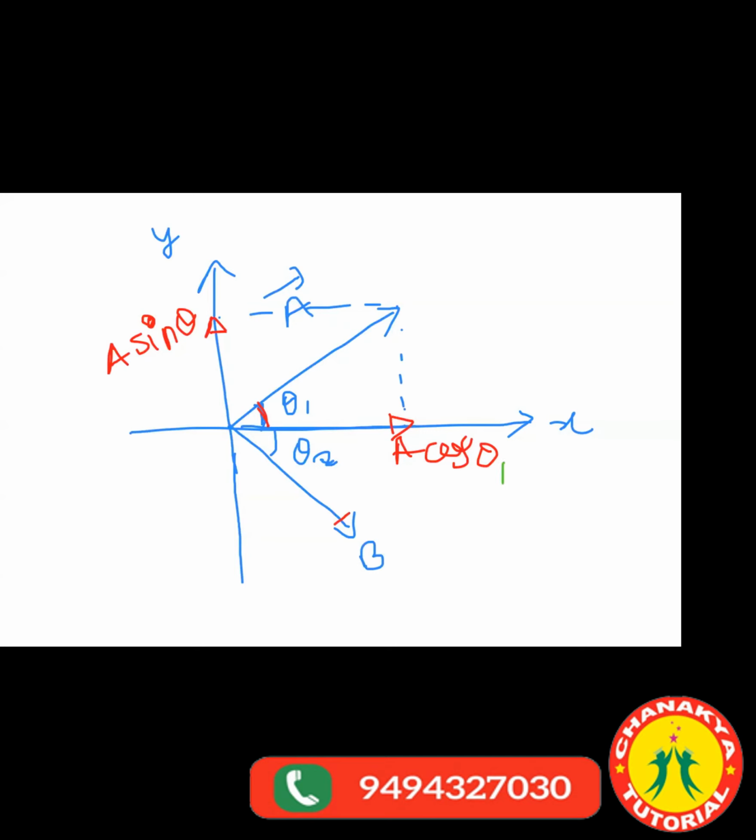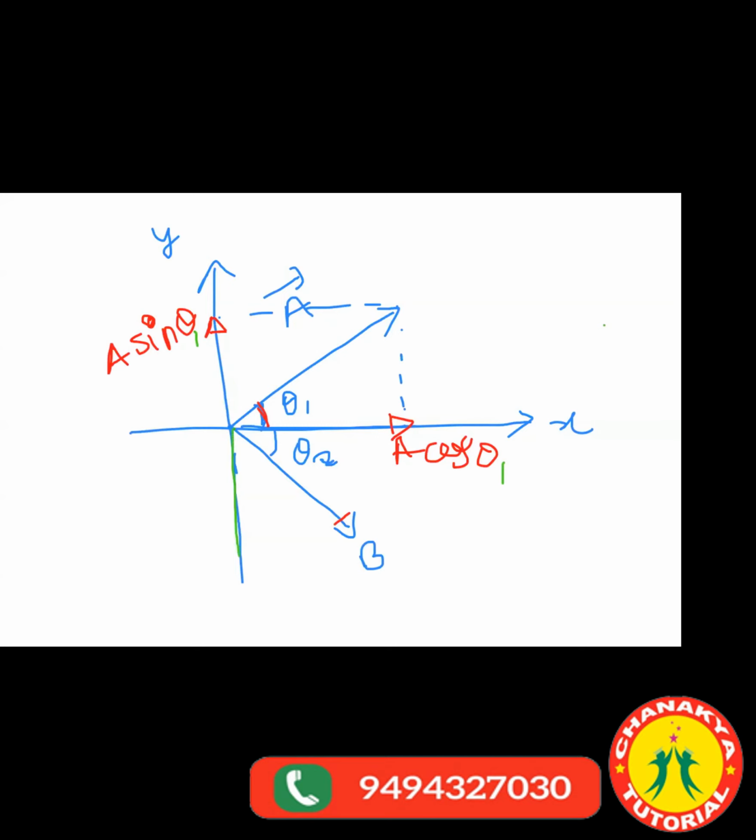This is theta 1, right? Now for B, please, anyone tell me what will be the components? Please don't be quiet. Tell me what will be the component of B along X and Y. B sin theta 2 in negative y direction.